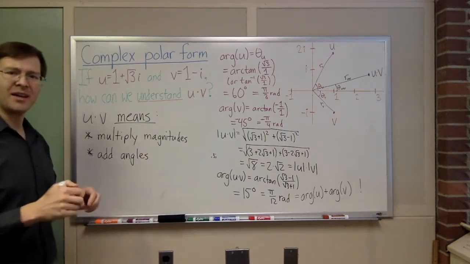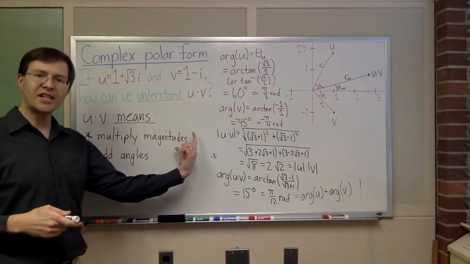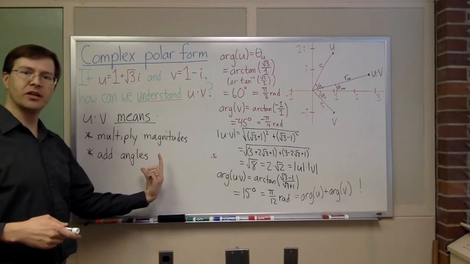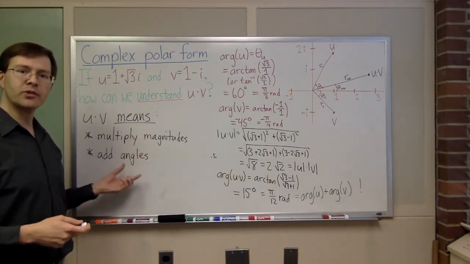Put another way, multiplying by a complex number corresponds to a stretch and a rotation in the complex plane. The stretch by the magnitude and the rotation by its angle.